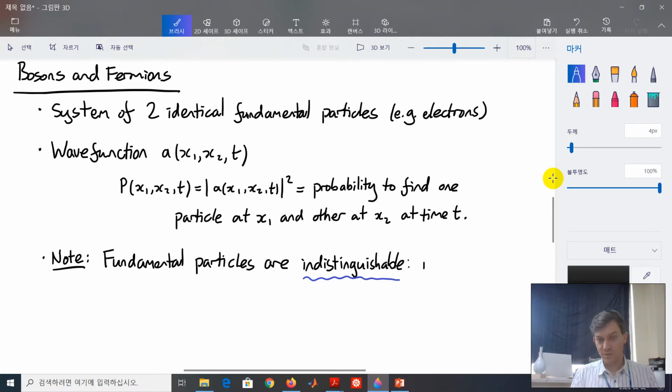So it's impossible to tell one from the other, impossible to distinguish, which is where the name comes from. One particle, for example one electron, from another.